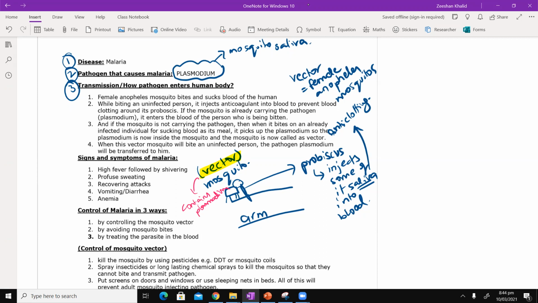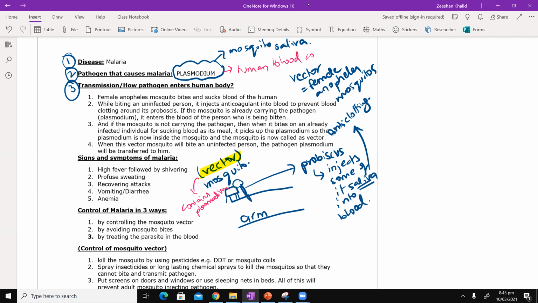Okay. There's another chance that the mosquito may not be the vector. So the question is, how did the mosquito become the vector in the first place? What do you think is the answer to this? So what's a vector? A vector is something that carries the disease-causing organism. Remember that another place for plasmodium to live is human blood cells.